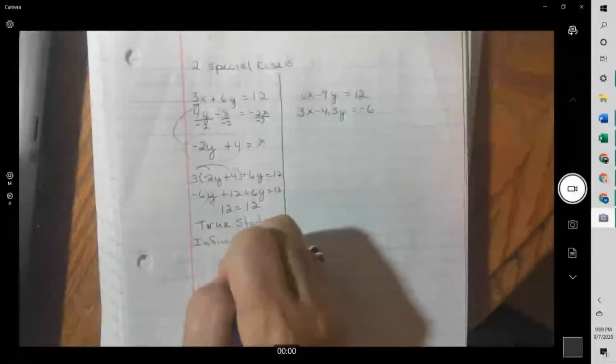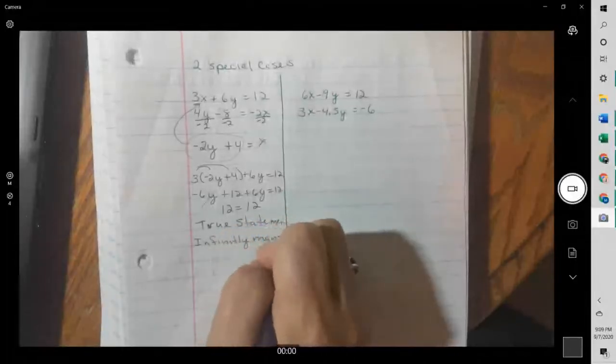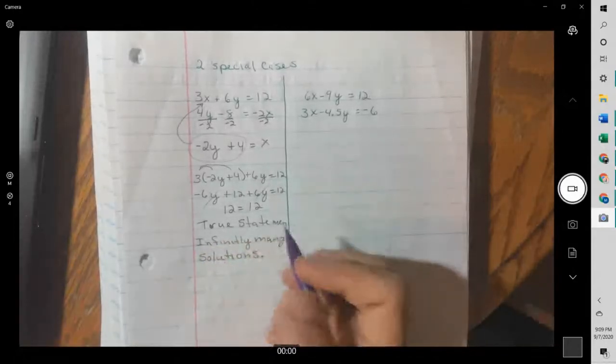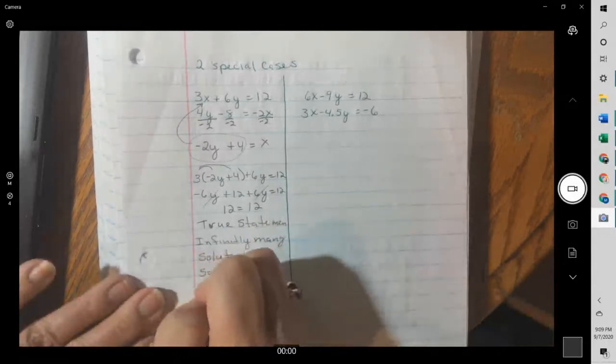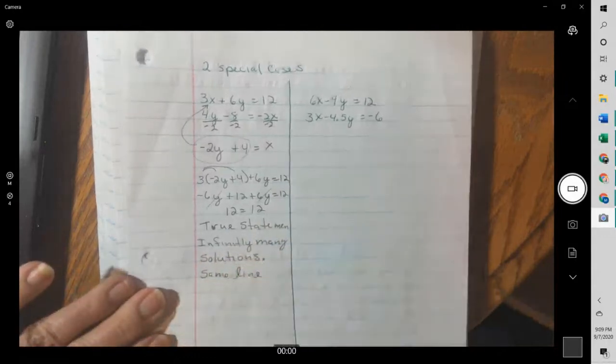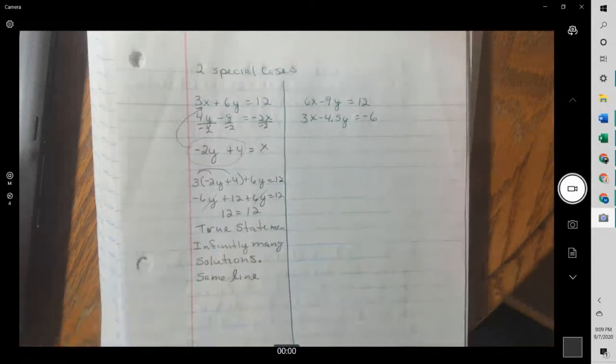There's infinitely many solutions because they are the same line. So there are infinitely many solutions since they're the same line, if you have a true statement, 12 equals 12.